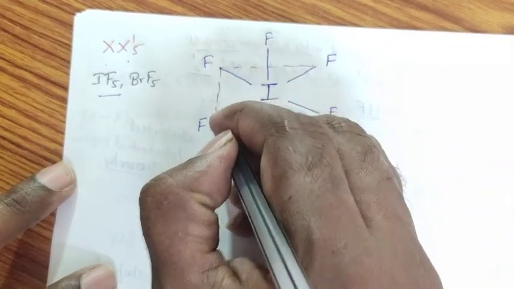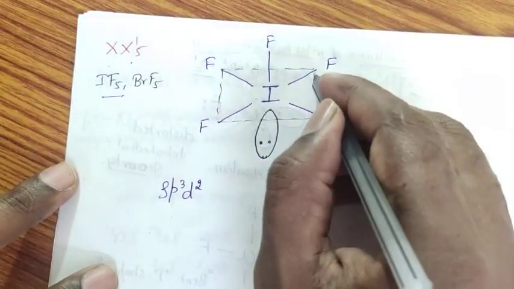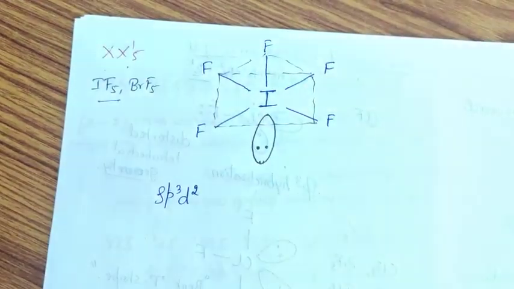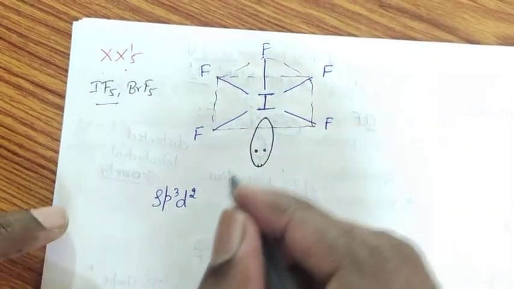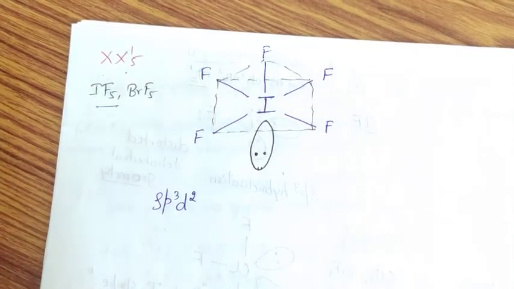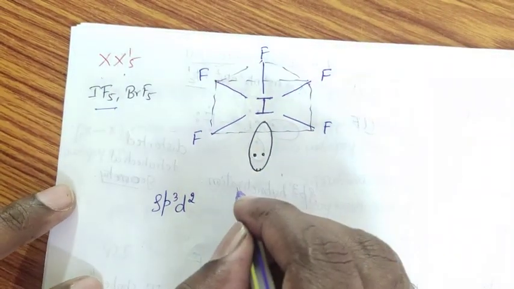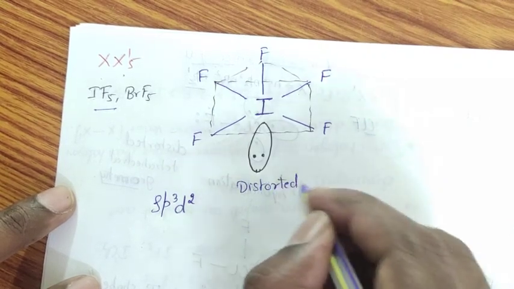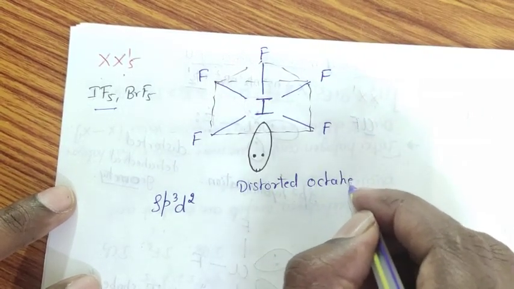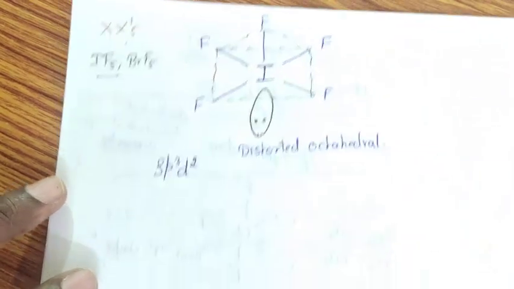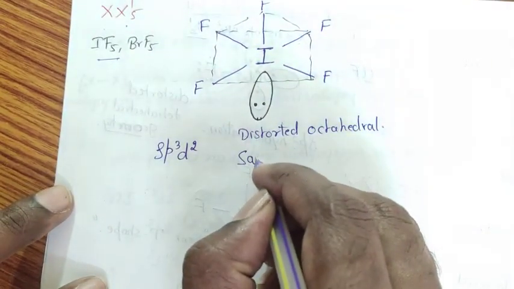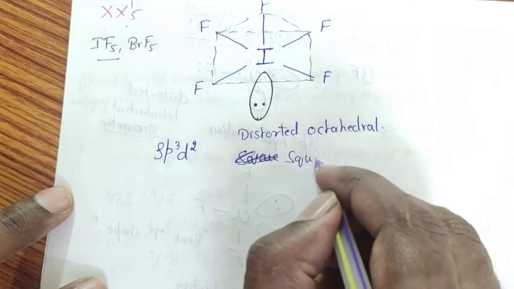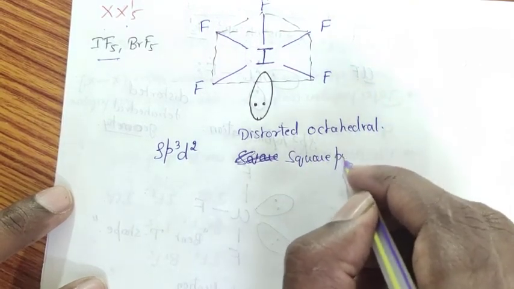Then what should be the structure? If any atom undergoes sp3d2 hybridization, it should possess octahedral shape. But due to the presence of lone pair electrons, it is considered as distorted octahedral shape, or it is also considered as square pyramidal.